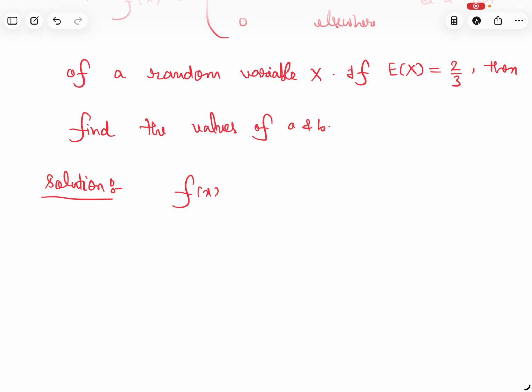f(x) is a PDF. That means the integral from minus infinity to plus infinity of f(x) dx is equal to 1.